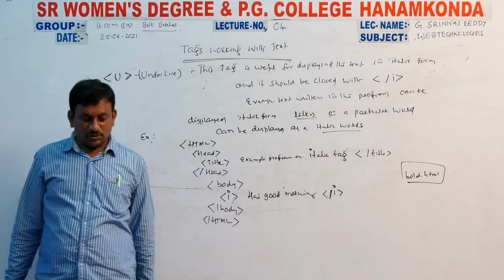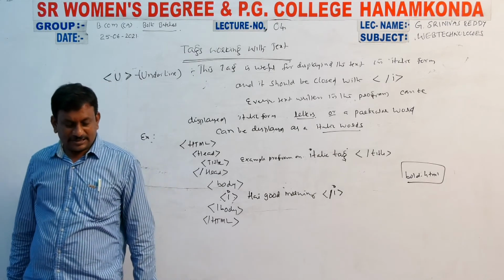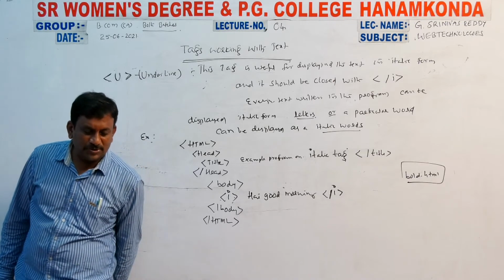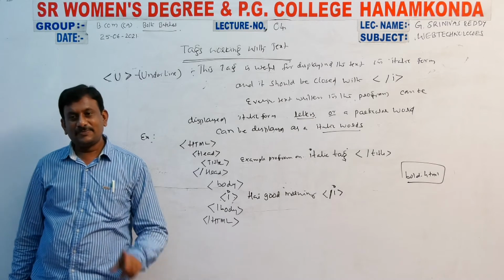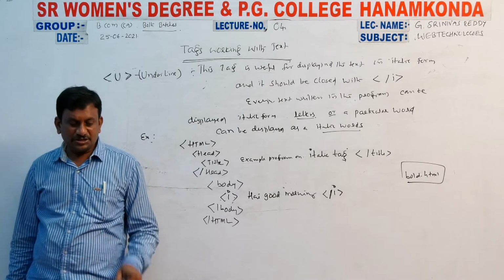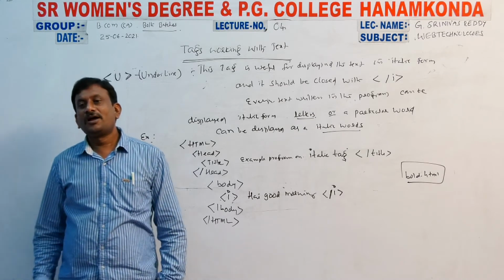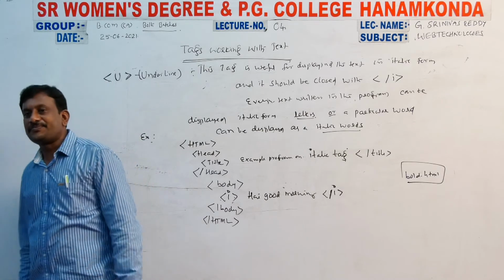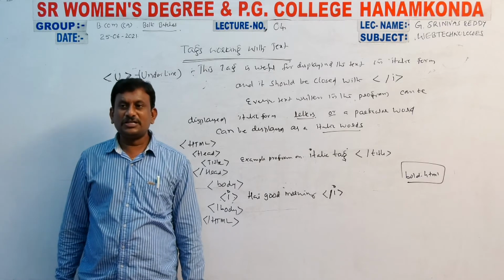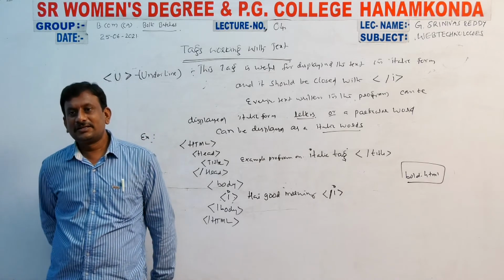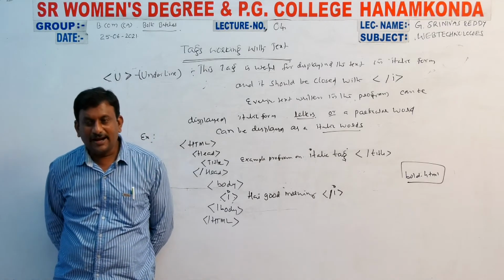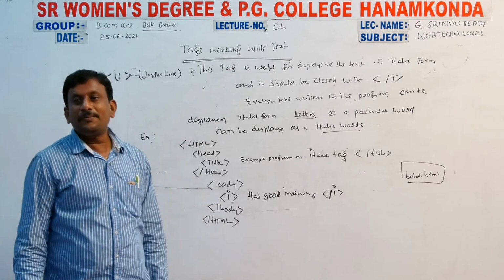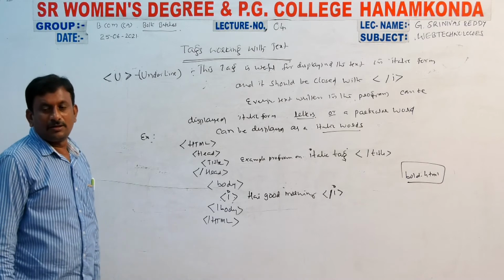This tag is mainly used for displaying the text by underlining, and the tag should be closed at the end with /U. Clear to you? U means underline. This tag is useful to display the text with underlining, and should be closed at the end with /U.